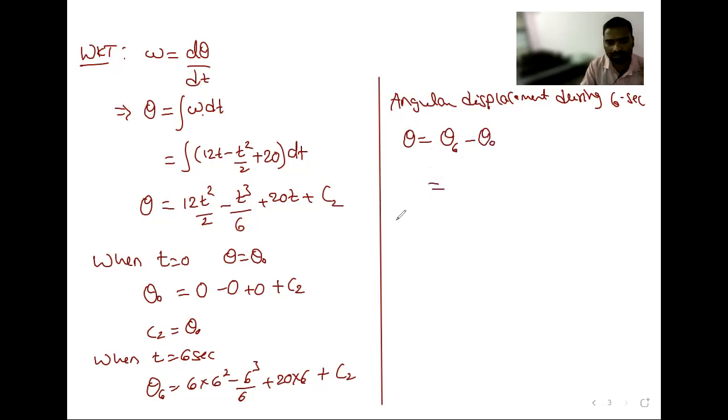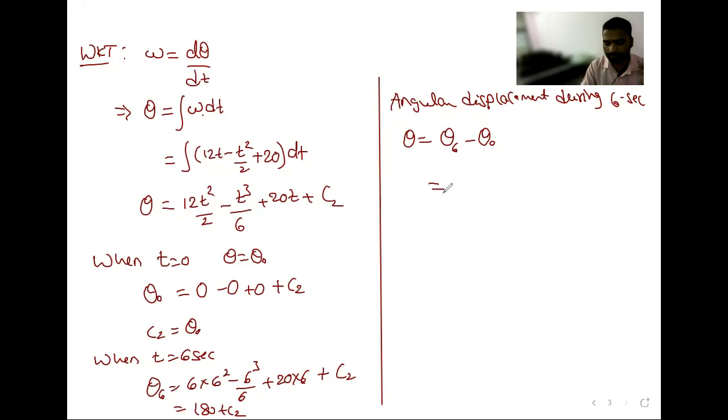That is equal to theta 6, from this equation. कितना था देखो ये, this value कितना था, 6 into 6 square minus 6 cube by 6? 180. 180 correct? Yes. This value is 180 plus C2. So theta 6 is equal to 300 plus C2.